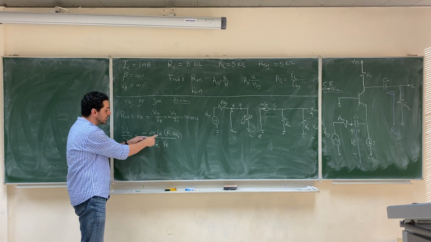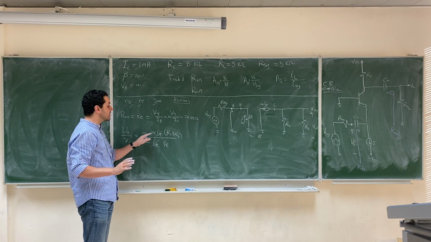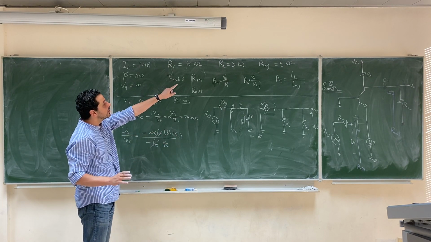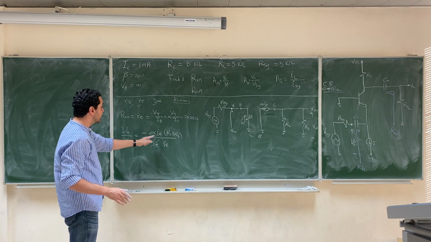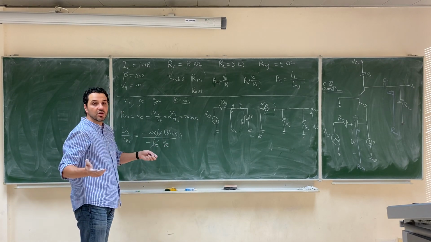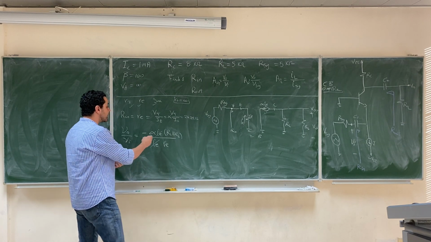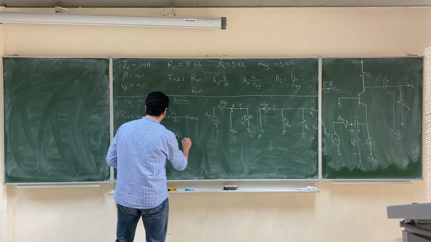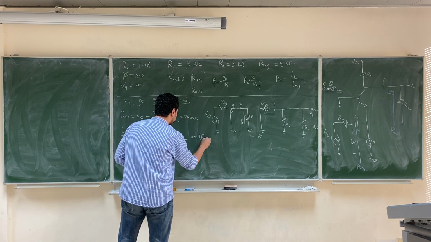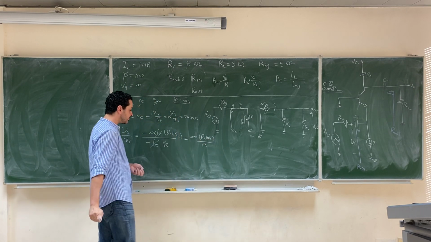Don't get an expression in terms of I or V. All the expressions must be in terms of constants, the resistors, alpha, beta, because we don't know I and V. These are variables, so the variables have to cancel with each other. So what we'll get here is alpha RC parallel with RL divided by RE.